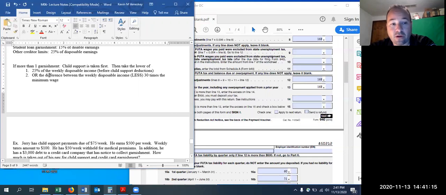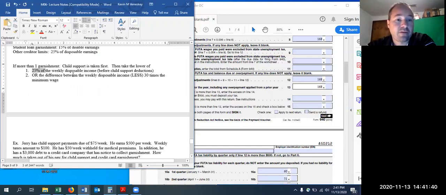Then you take the lower of one of these two, and that's how much is left that they can take out of your pay. The lower of 25% of your weekly disposable income before child support deductions. So they can take out child support and then up to 25% for other disposable income.